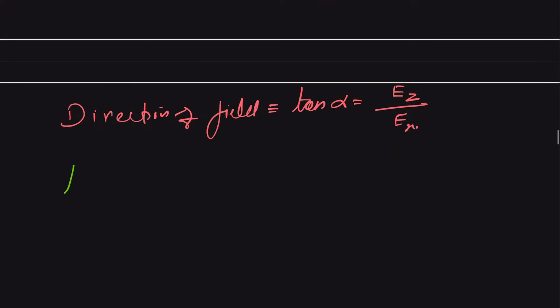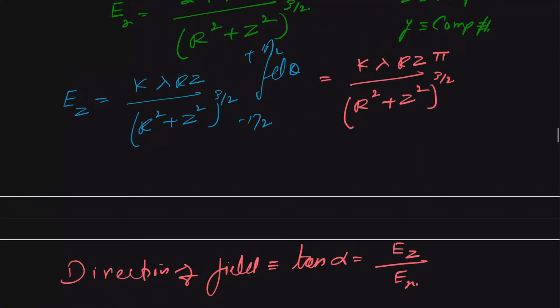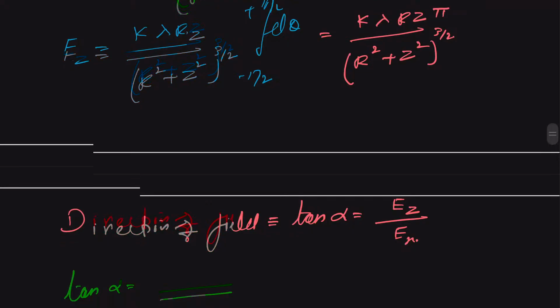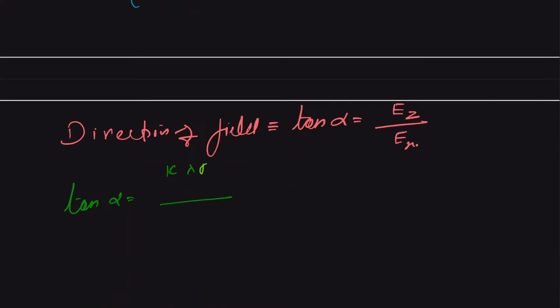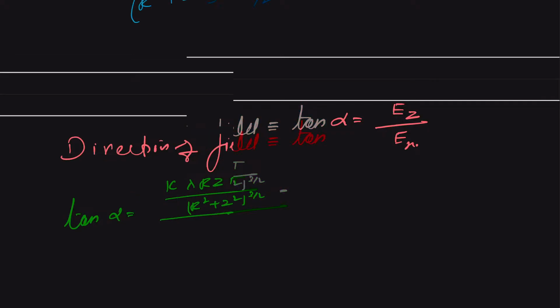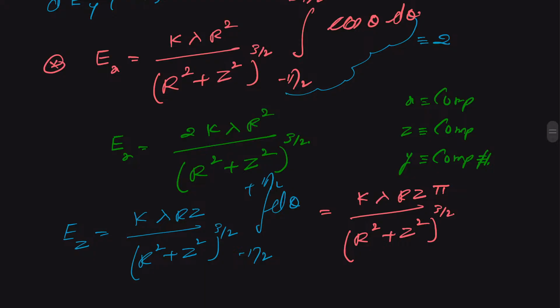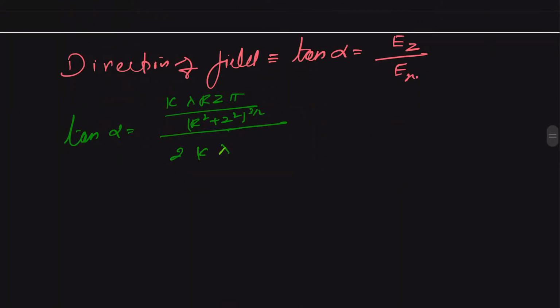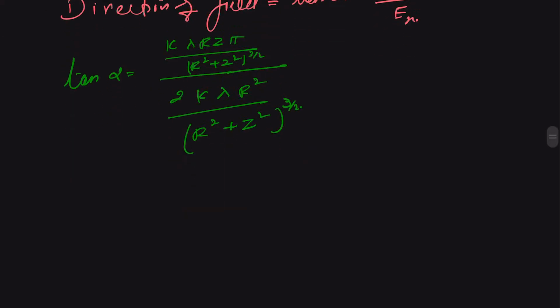So we can say tangent of alpha, where our z component is k lambda r z pi divided by r square plus x square to the power 3 by 2, and the whole thing divided by 2k lambda r square, with the same denominator. The denominator goes away, k and lambda cancel, and r cancels with one r.